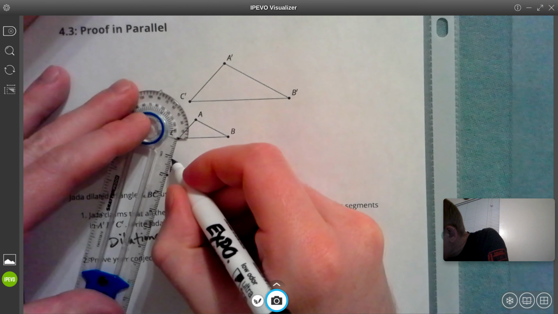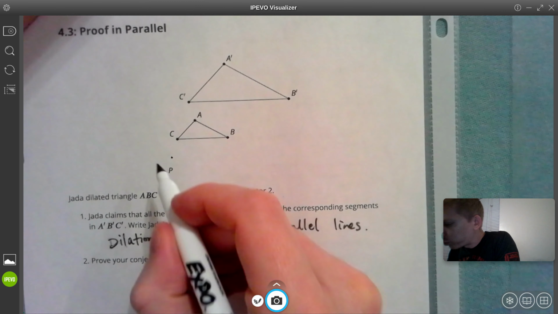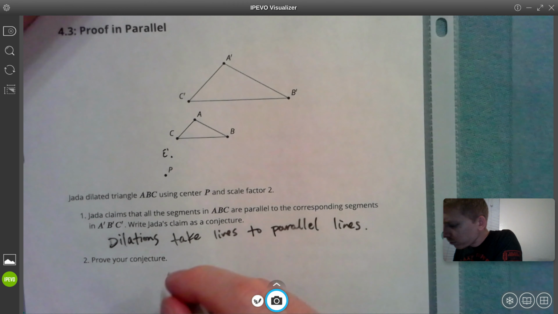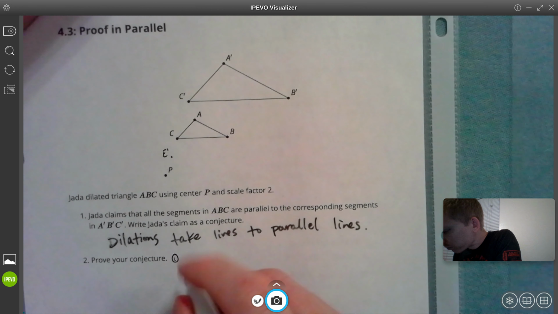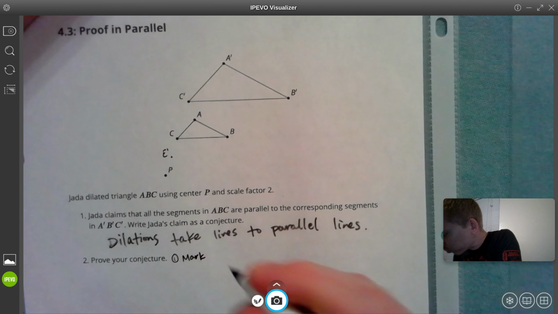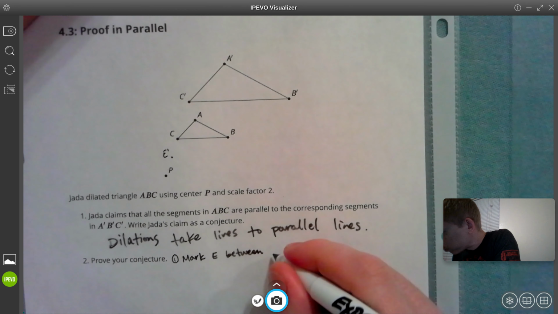So there's a new point called E. Step 1: Mark E between P and C.